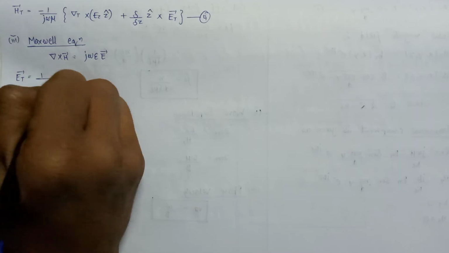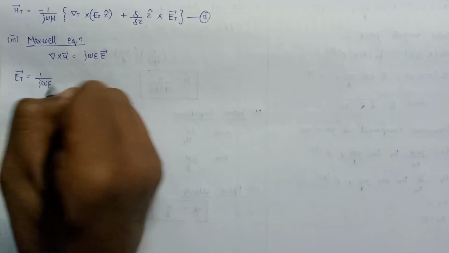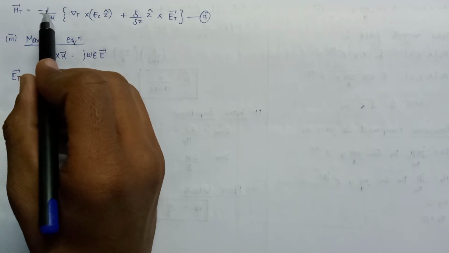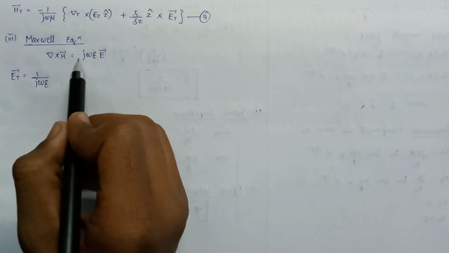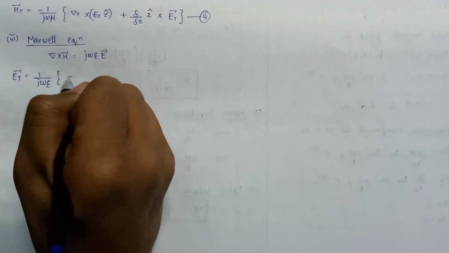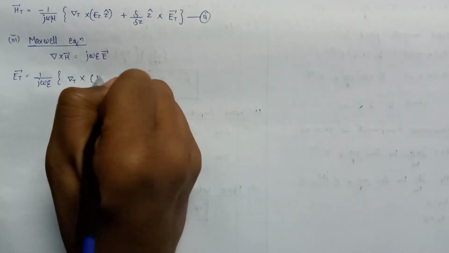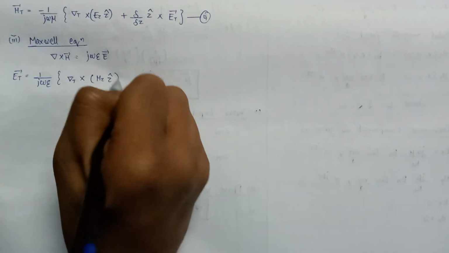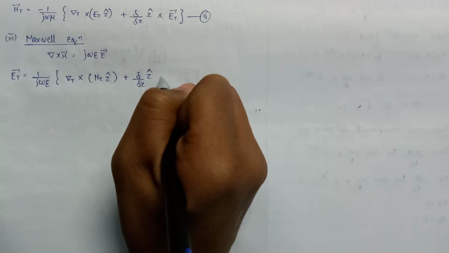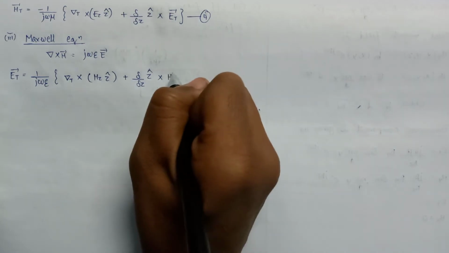So the value of ET is nothing but j omega, and in place of mu we will write epsilon, because in the expression del cross E equals minus j omega mu H there is a negative sign, and here there is no negative sign, so we will convert this term into positive and multiply with del T cross product with, in place of Ez we will write Hz into Z cap plus del over del Z of Z cap, in cross product with, in place of Et we will write Ht.